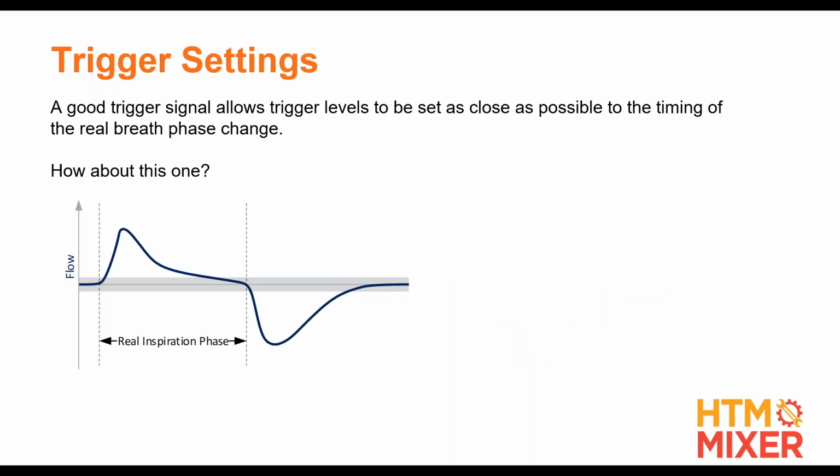So here's another one that looks maybe better or worse? Better, right? Because we're looking for those quick rise times or quick fall times, right? We want to have a nice clean indication or signal of inspiratory versus expiratory phase. And for the most part, this is pretty good.